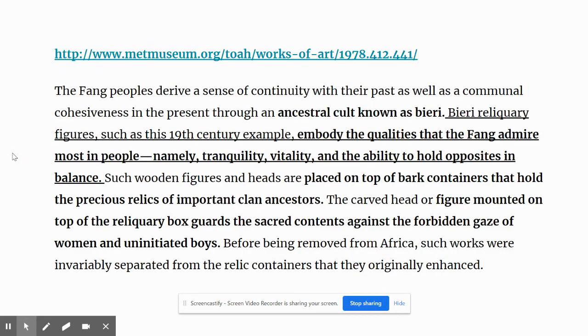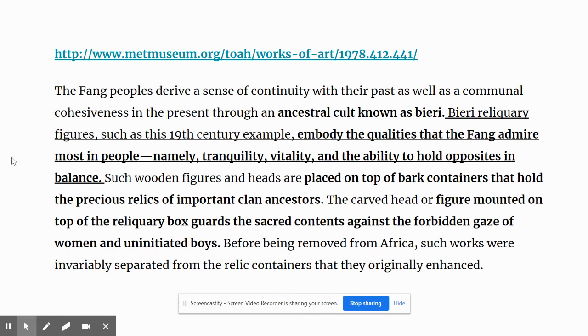So when we look at the Fang reliquary figure, what's emphasized through the proportions of the piece, and specifically the size of the head, are virtues that the Fang people admired. In some ways, you could say this is an idealized portrait of not how somebody would look, but how somebody's character would be.